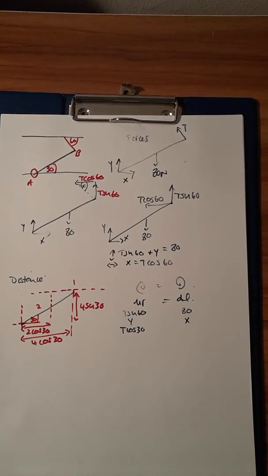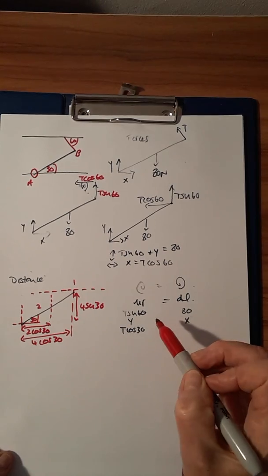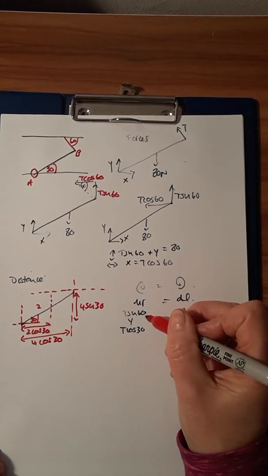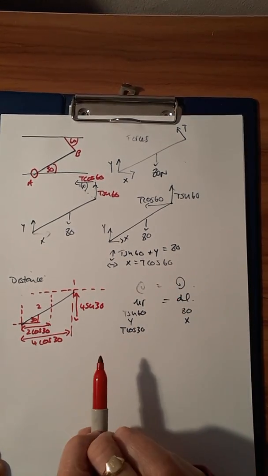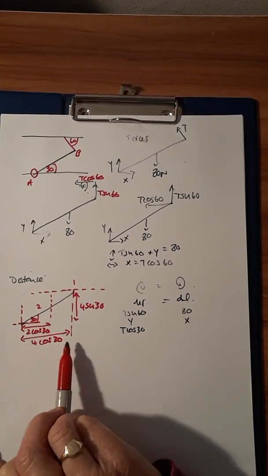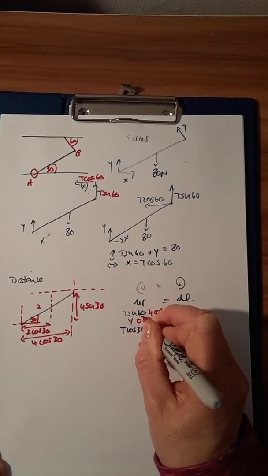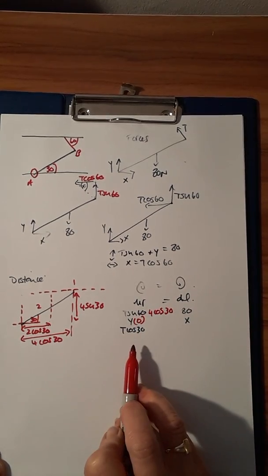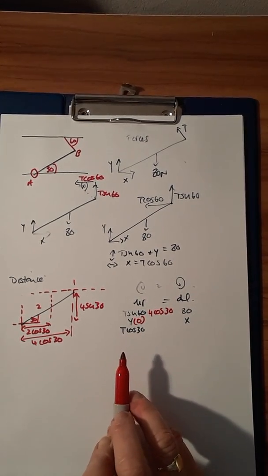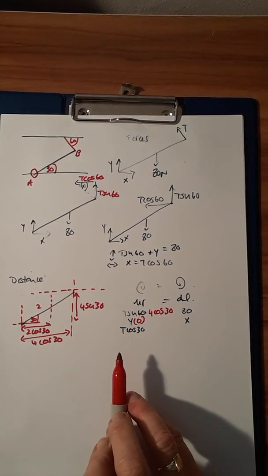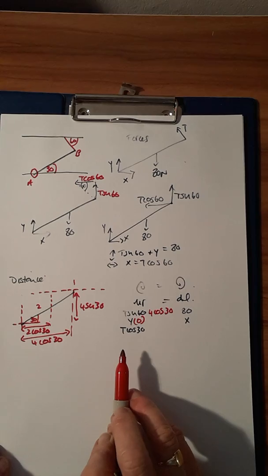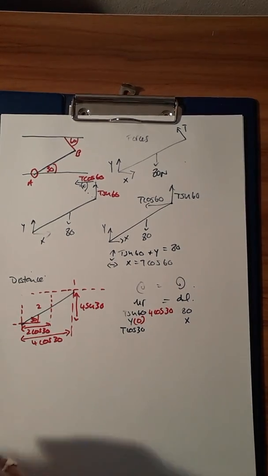Okay, the distances now. So to get the moments, I need the distances of each force. So the T sine 60, we've decided it's 4 cos 30 from the fulcrum. The Y, of course, is 0. The T cos 30, sorry, that should be T cos 60.